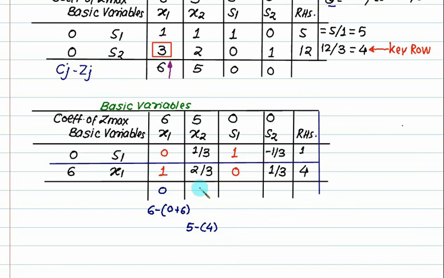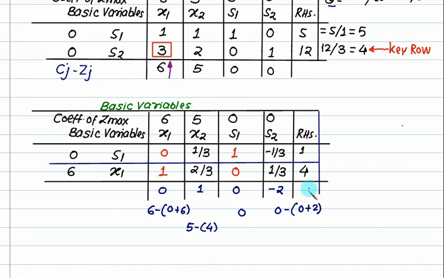So this number is 1. Agree? Next, this one is 0, so 0 into 1 is 0, and 6 into 0 is 0, so this number is still 0. This one is 0. 0 into minus 1 by 3 is also 0, and 6 into 1 by 3 is plus 2. So this number is minus 2.